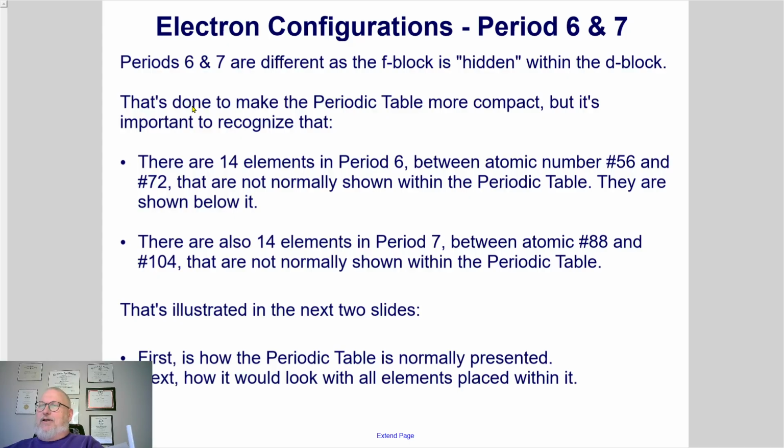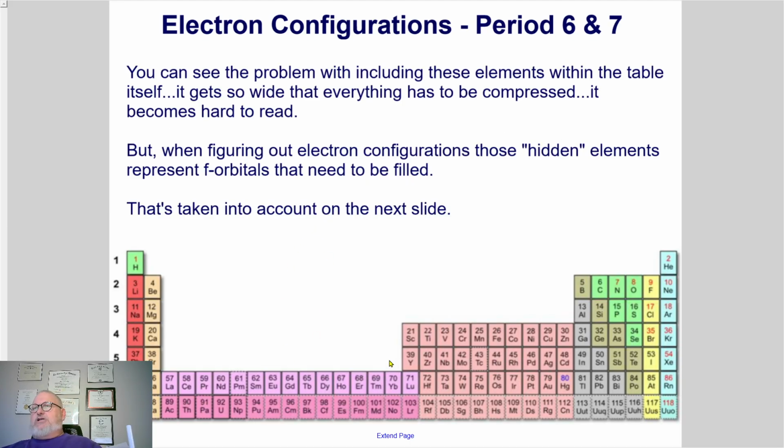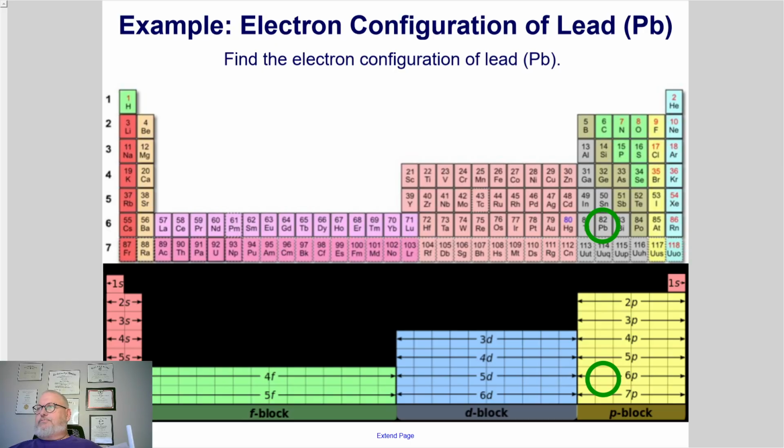Again, they're at the bottom. This next slide, and I gave you a copy of this, shows how the periodic table should look when you push them in there. We pull them out, because this would be a very long periodic table and we don't want that. But you have to count them.